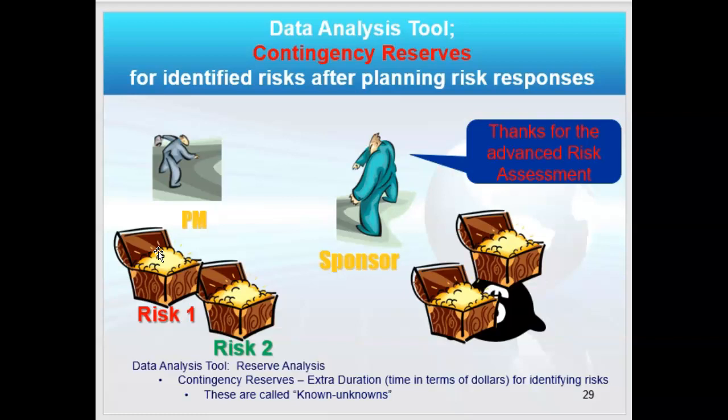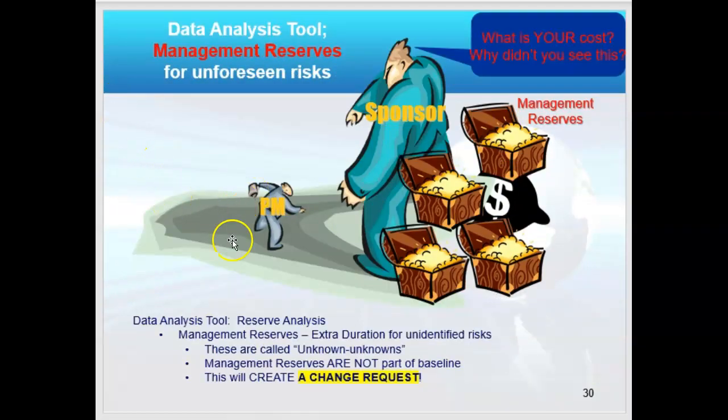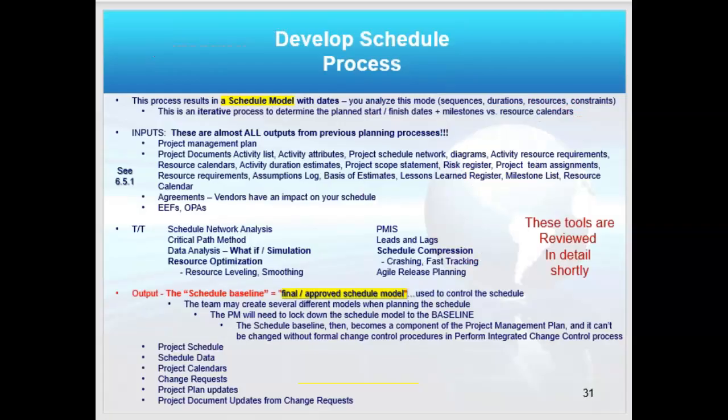And for risk 2, which is an opportunity, here's some cash to make that happen. Now, management reserves: notice the PM didn't identify the risk and so didn't have reserves set aside and had to go to the sponsor to ask. This will create a change request.